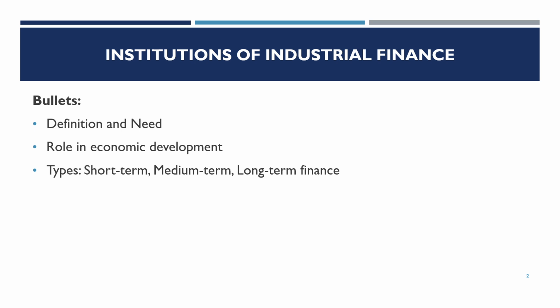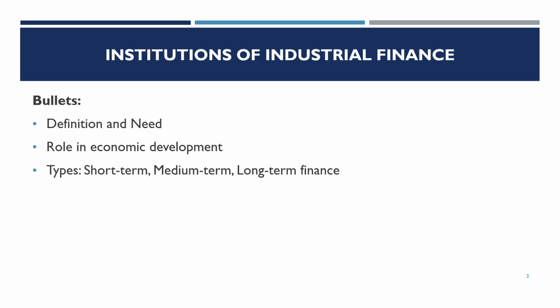So what is the need for the institutions of industrial finance? The need is the smooth operation and execution of industry operations, the expansion of the business or industries, and the development of infrastructure. For that we need financial support, which is what industrial finance refers to.